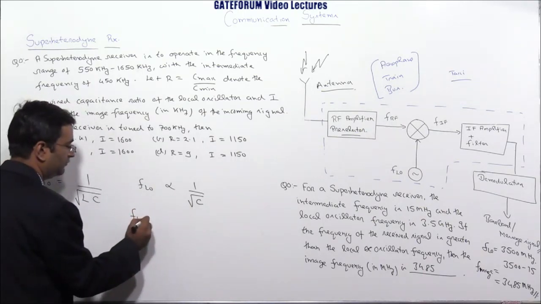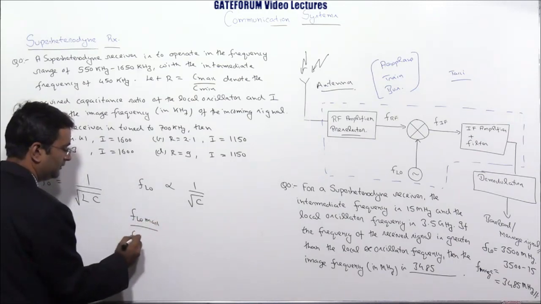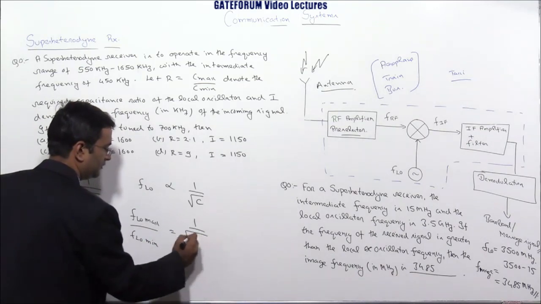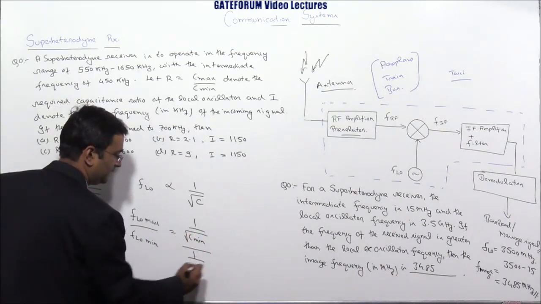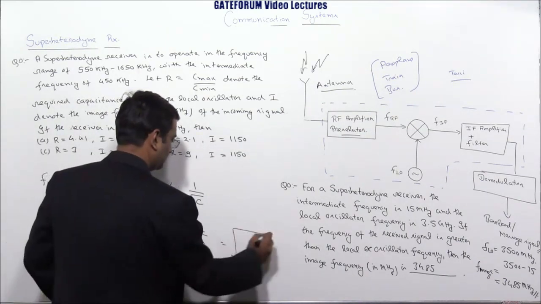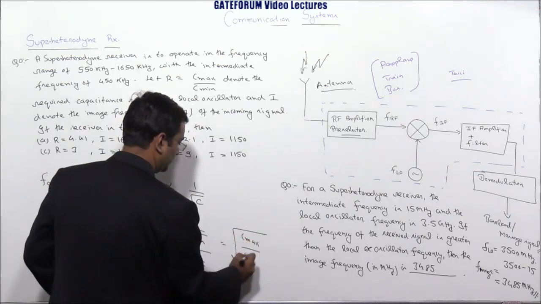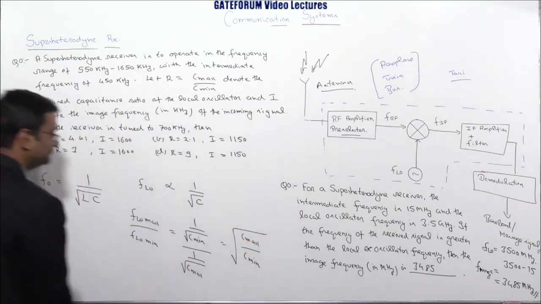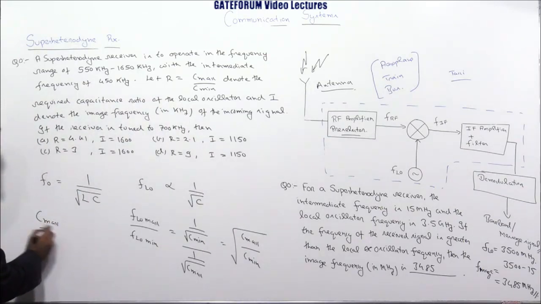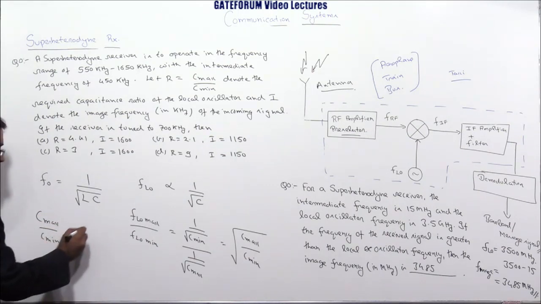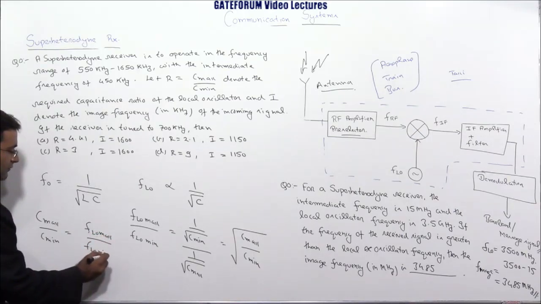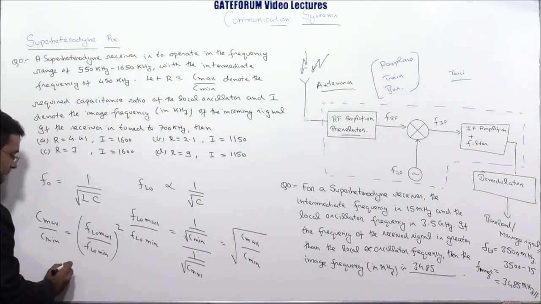So FLO max by FLO min is equal to root of C max by C min. So I can write C max by C min is FLO max by FLO min whole square.